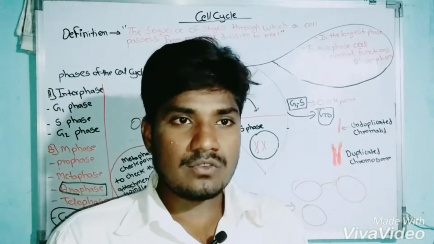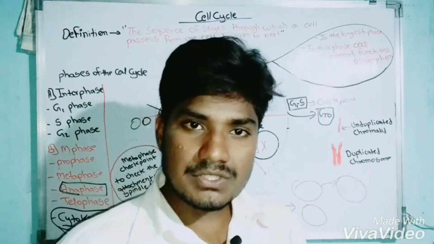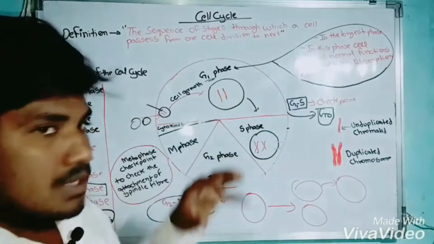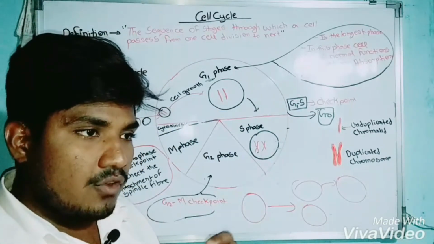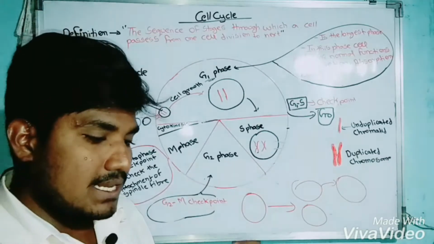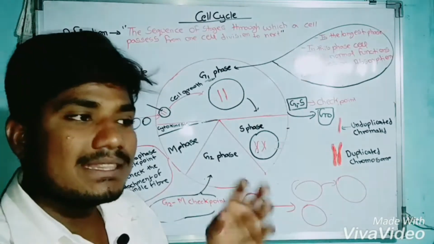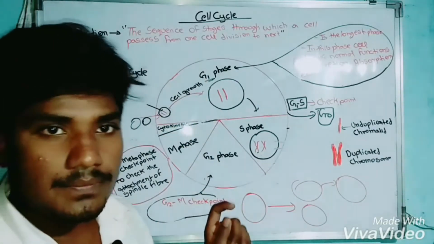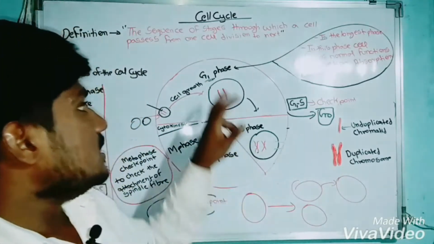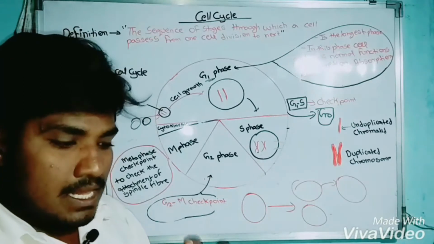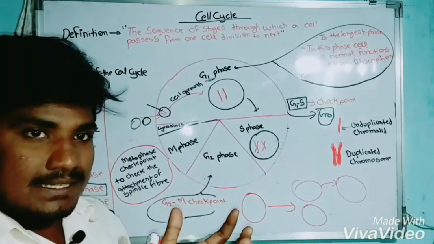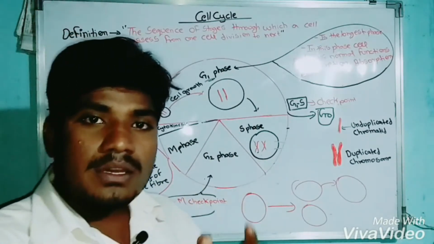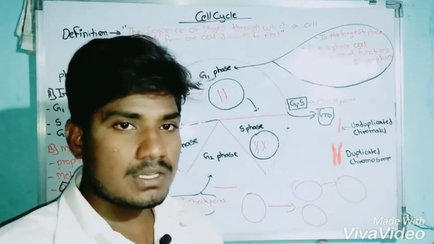Okay, so first of all, let's study about the G1 phase. Suppose a cell is newly formed, so that cell will enter into the G1 phase. In G1 phase, the cell enlarges in size and performs its normal function.